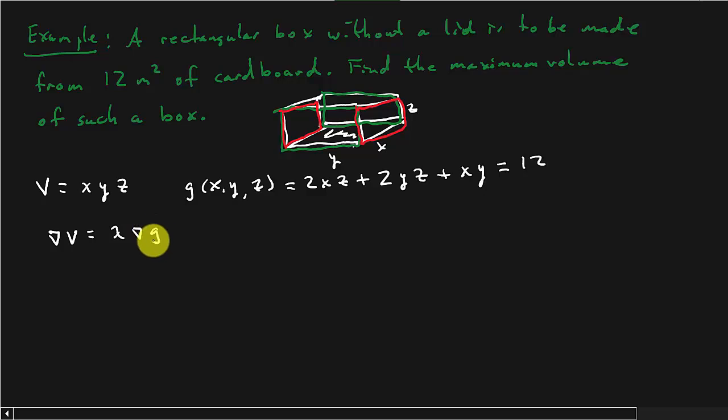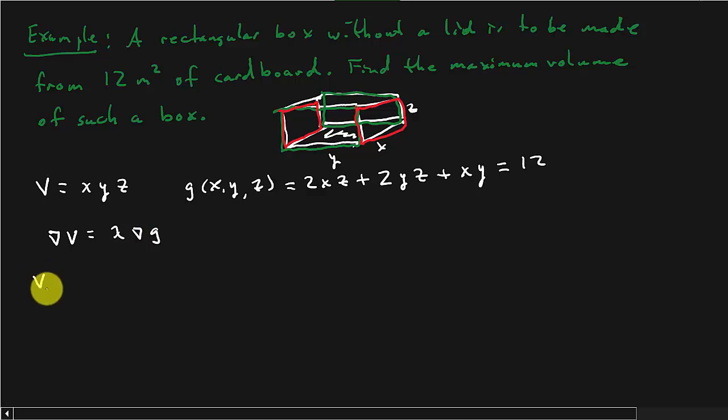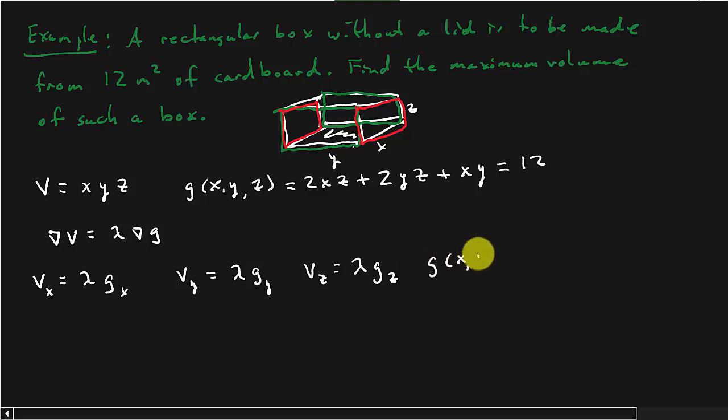That's going to give us Vx is equal to lambda times Gx, Vy, and when I say Vy, I mean the partial of V with respect to y, that's going to be Gy, and then Vz is lambda Gz, and then we have g of x, y, z is equal to 12.